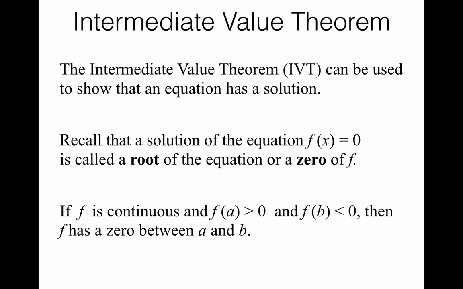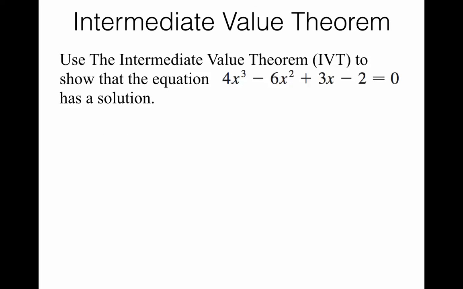Let's see an example of this. Let's use the intermediate value theorem to show that the equation 4x cubed minus 6x squared plus 3x minus 2 equals 0 has a solution. So I'm going to let f of x, my continuous function, be the polynomial 4x cubed minus 6x squared plus 3x minus 2.